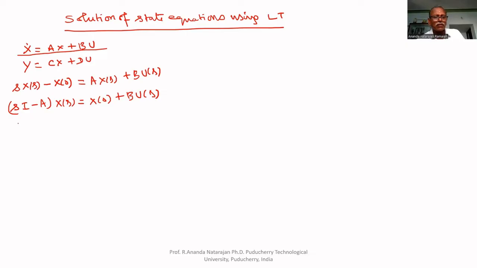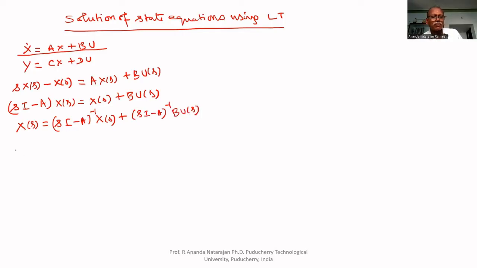You will get X(s) equal to (sI minus A) inverse X(0) plus (sI minus A) inverse BU(s).